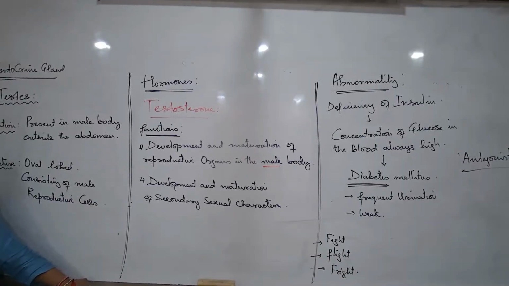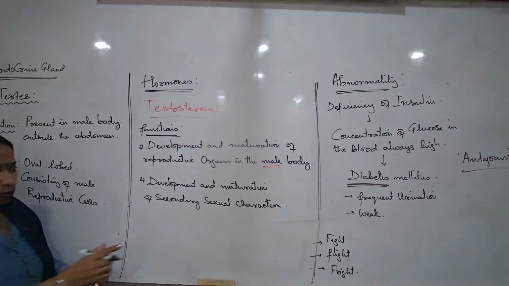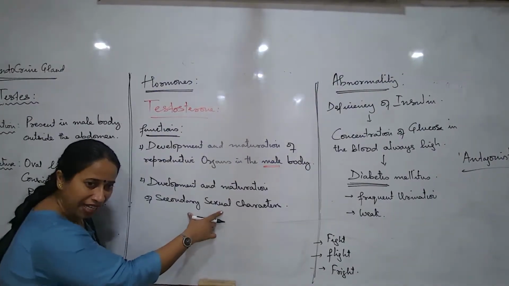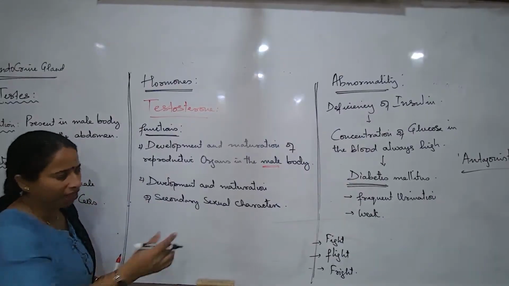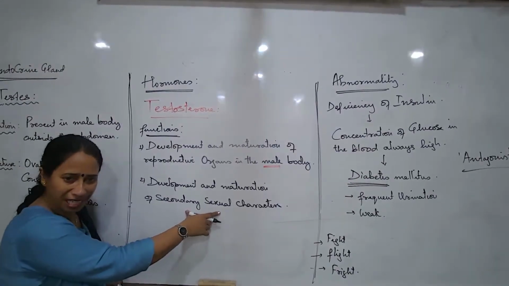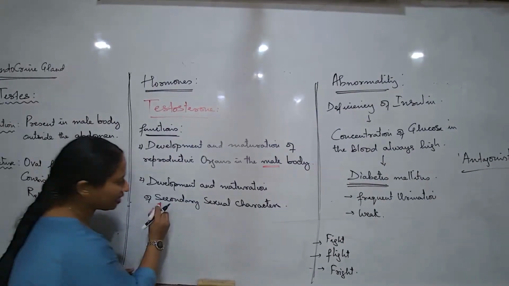So based on what hormones we have in our body are bodily features. These bodily features that we have in the male and the female body, which clearly distinguish a male from a female, we call secondary sexual characters. Clear? So what are secondary sexual characters?